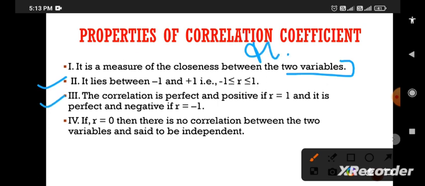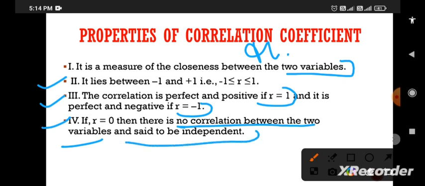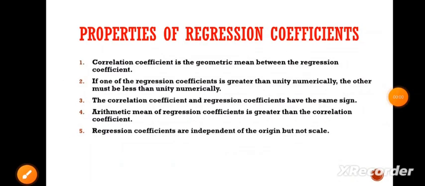Third property states that the correlation is perfect and positive if the value of r is equal to 1, and it is perfect and negative if the value of r is equal to -1. The fourth property is if the value of correlation coefficient r is equal to 0, then there is no correlation between the two variables and they are said to be independent.